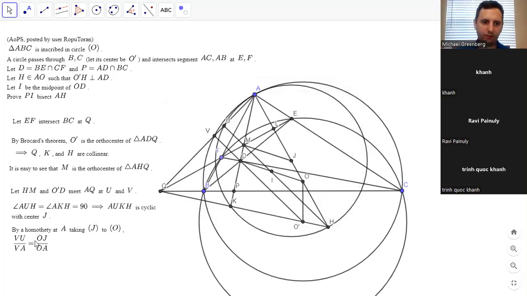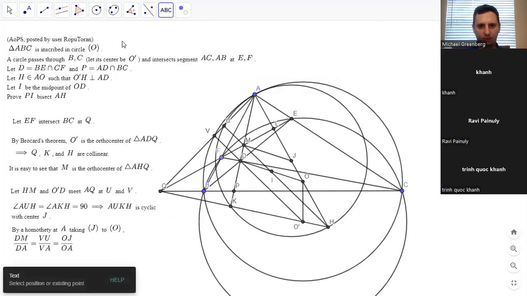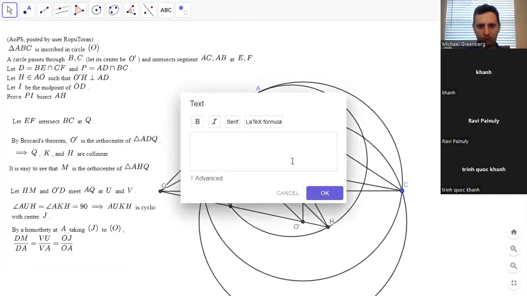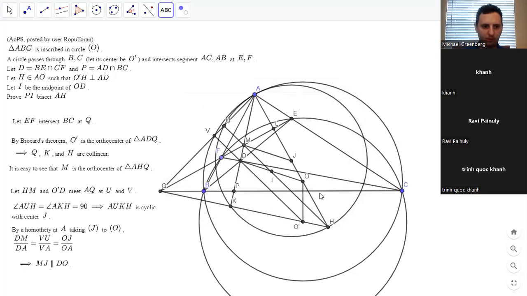So we use the homothety for the last part here. And this means that MJ is parallel to OD. Actually, I don't think I need this, right? Oh no, I want that. And now we can use Menelaus.